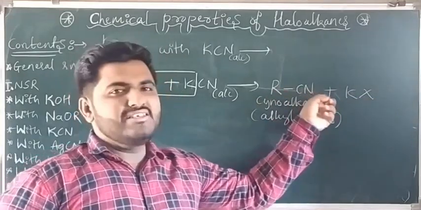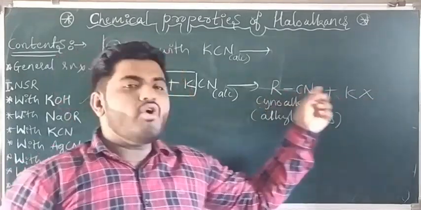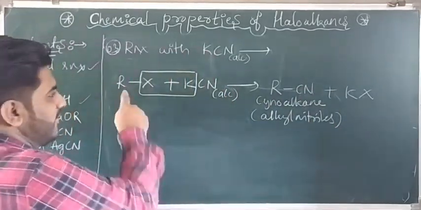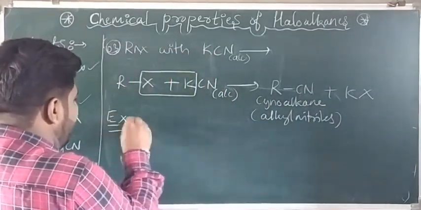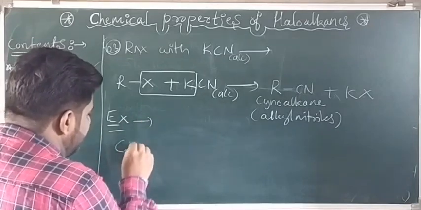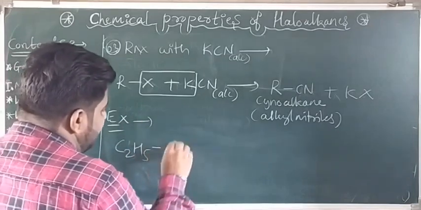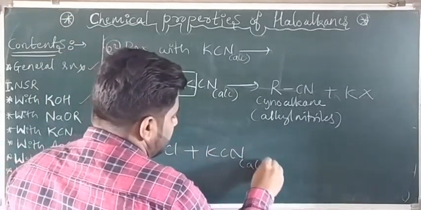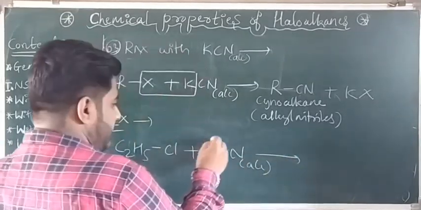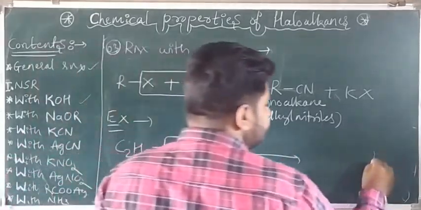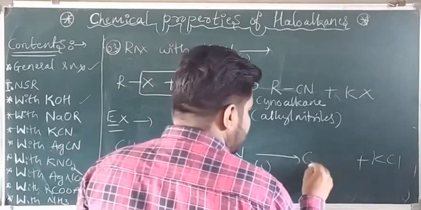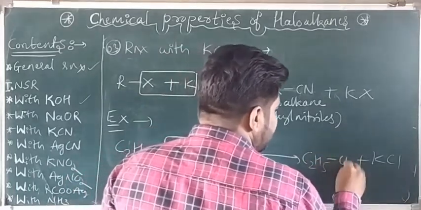In place of R, we can take an example: C2H5Cl plus alcoholic KCN. KCl is eliminated as a byproduct, and we get C2H5CN.